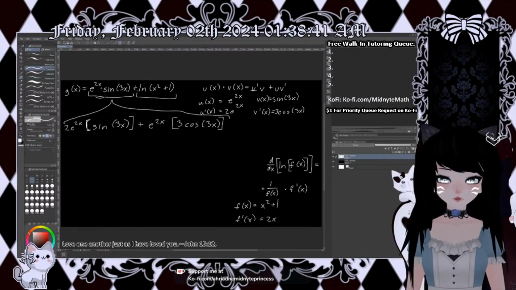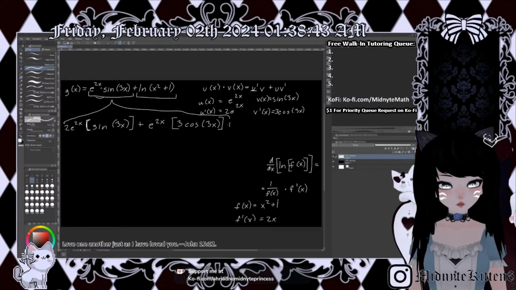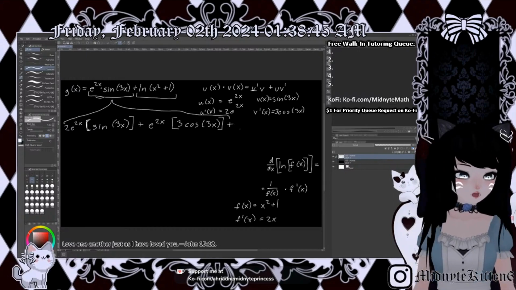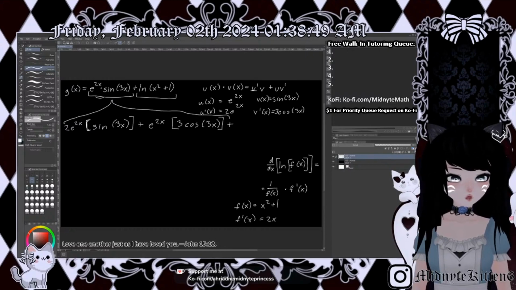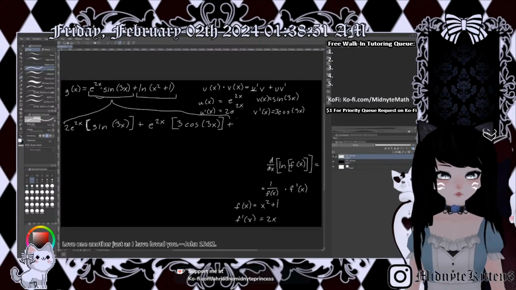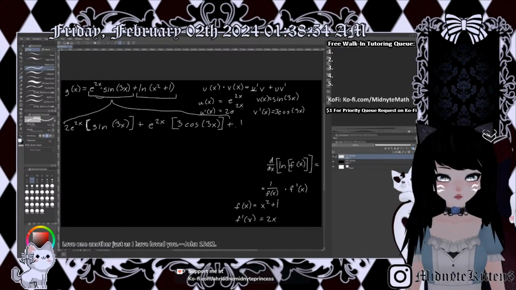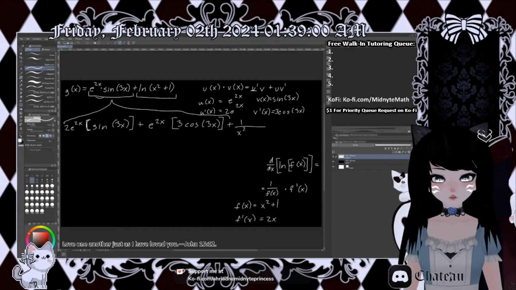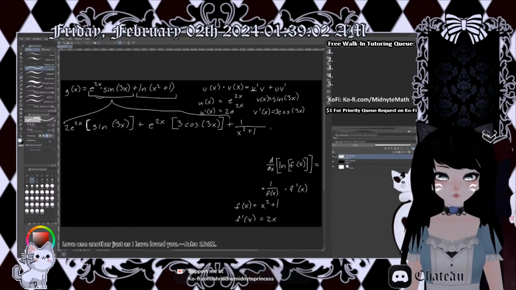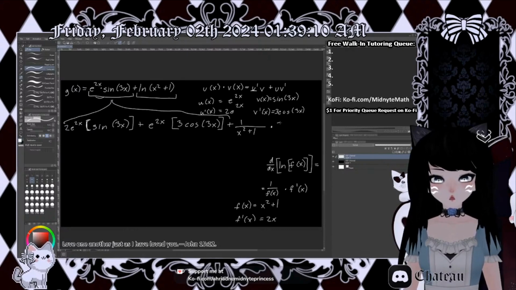And then we'll add the derivative, which we said was 1 over f of x. So 1 over f of x we said was x squared plus 1, times the derivative of f of x, which is 2x.